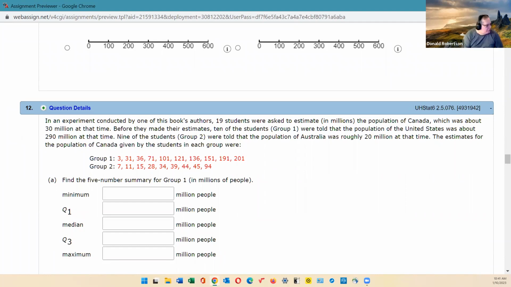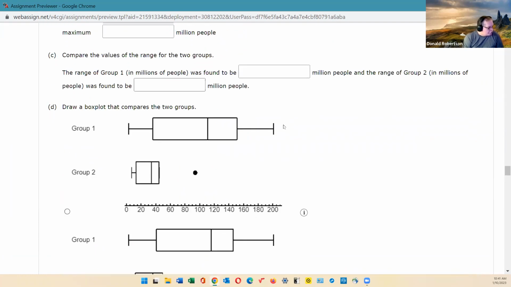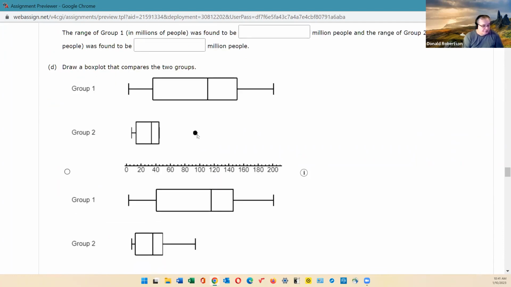Right. So you would go in and you do group 1, 5-figure summary, write your answers here, rub out that data, and then do group 2, 5-figure summary, put it here, and then draw your own pictures on pieces of paper. Oh, isn't there a possibility there might be an outlier?